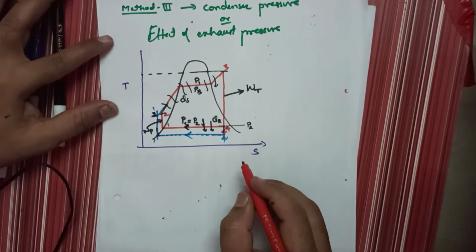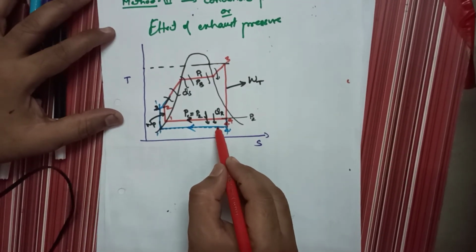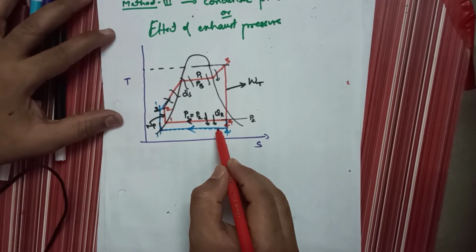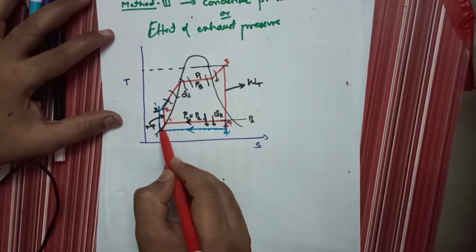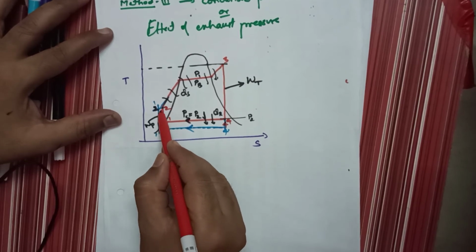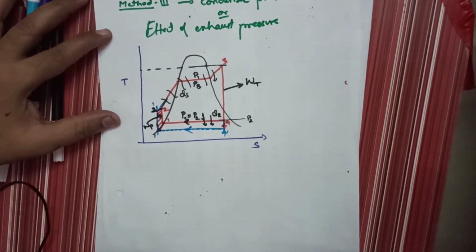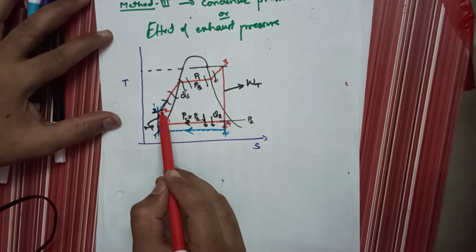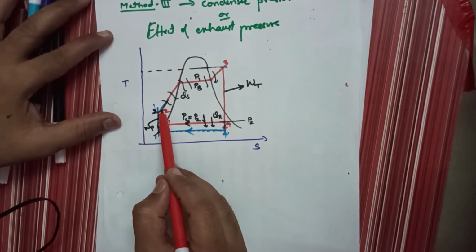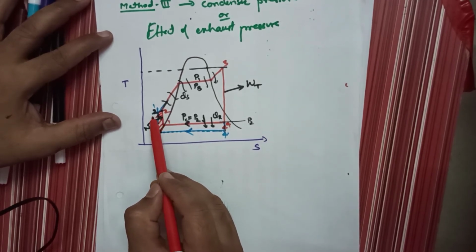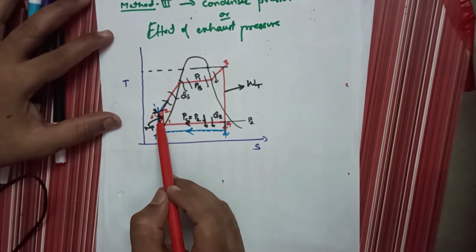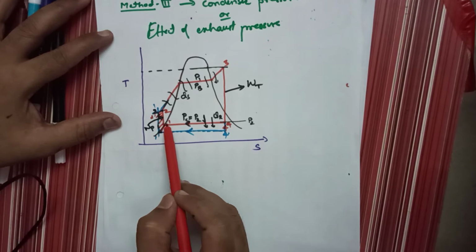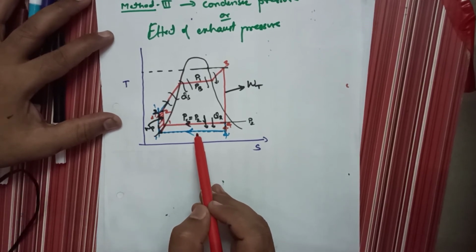So due to the decrease in condenser pressure, a slight amount of extra heat is added in the boiler. See, earlier point number 2 was here. Now it is before that, 2 dash is here. Understood? So extra heat is added to the cycle by decreasing the condenser pressure.